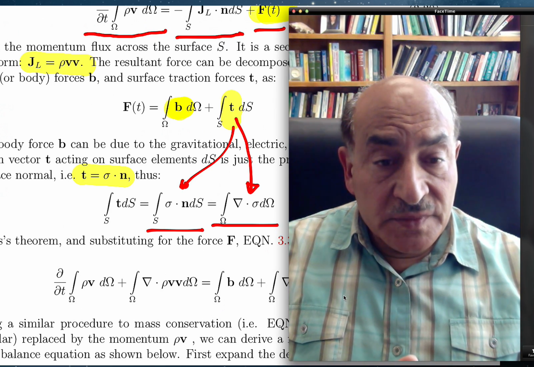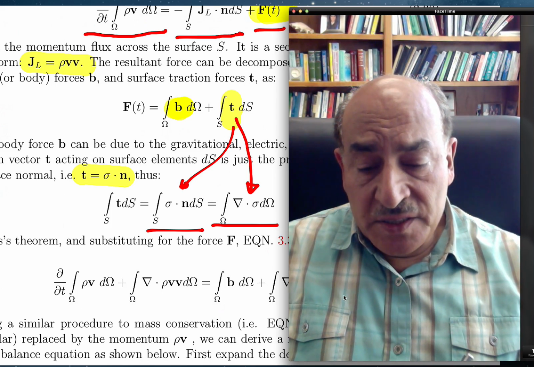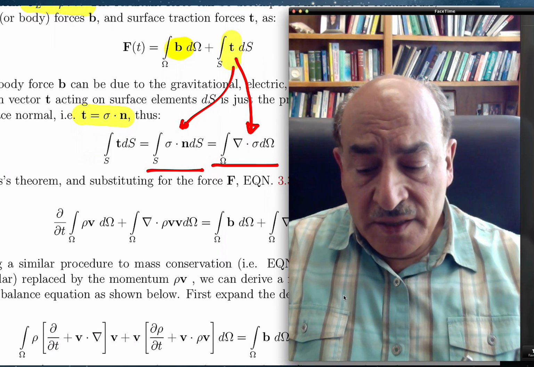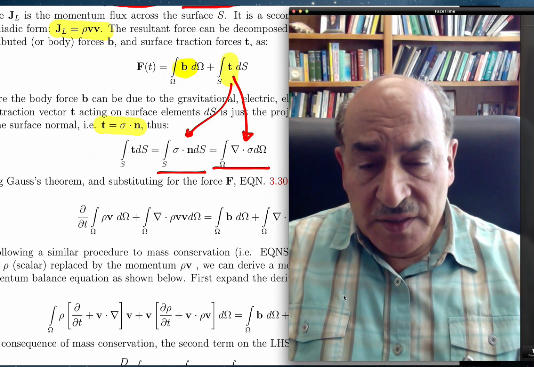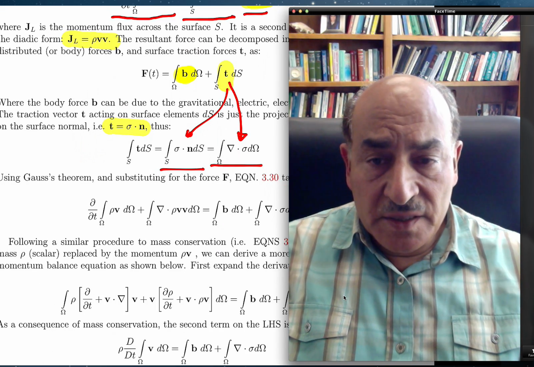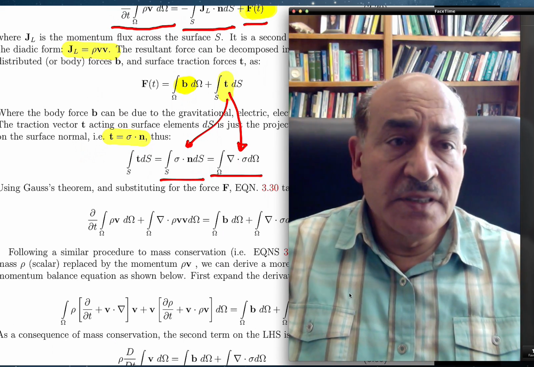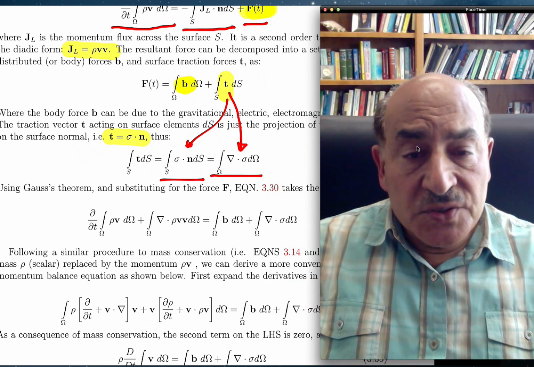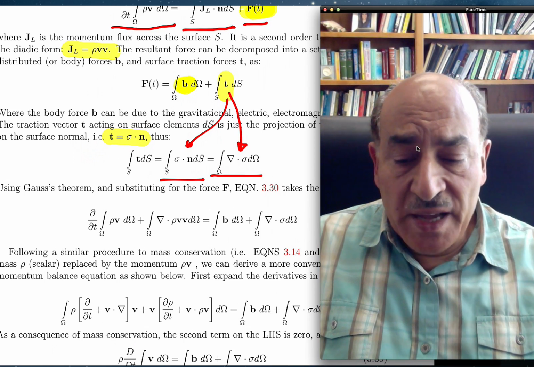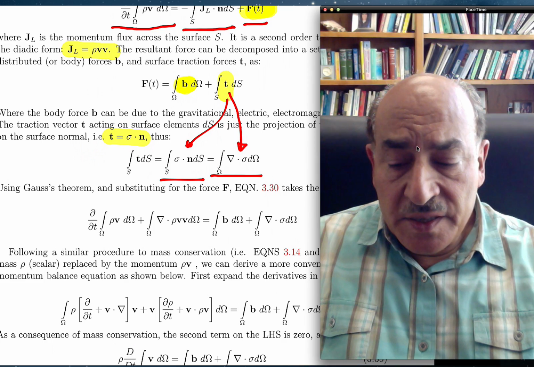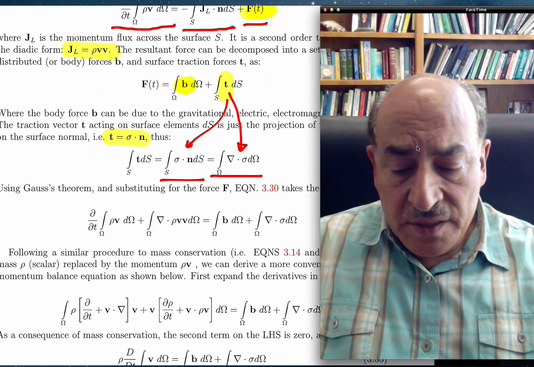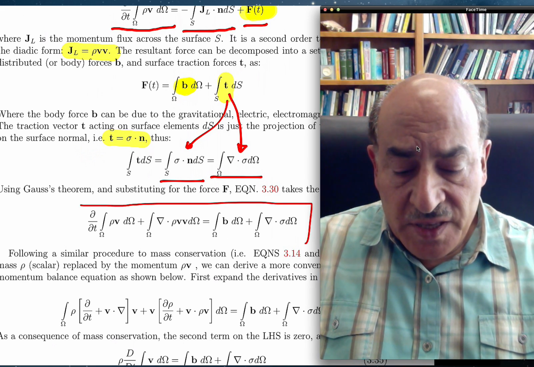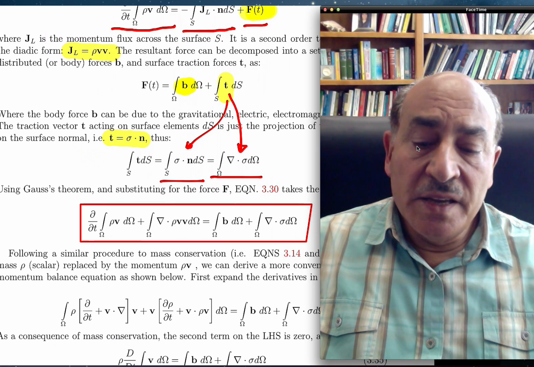And therefore, we have now an expression for the balance of linear momentum. Let me move myself so you can see it. When we substitute back, the balance of linear momentum becomes the equation that you see here.